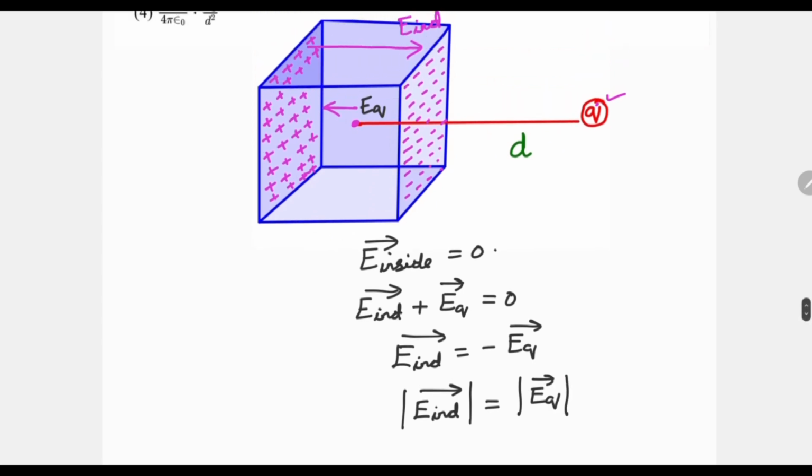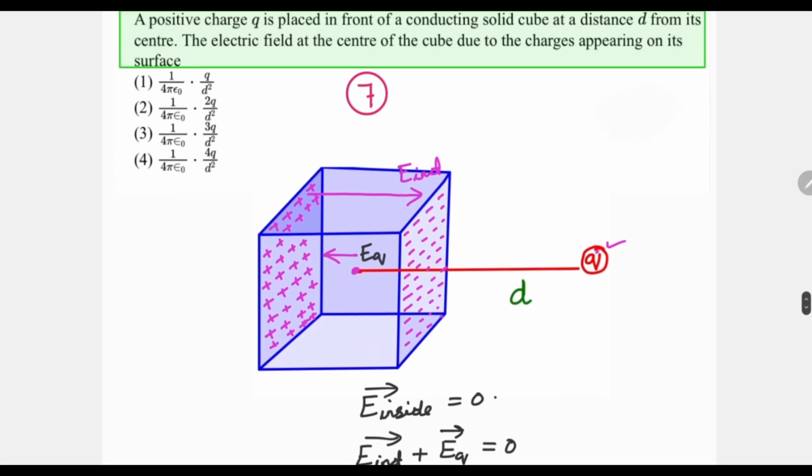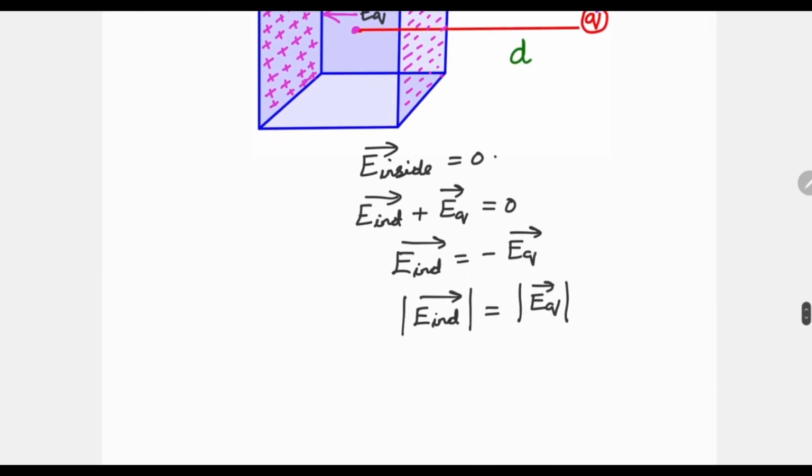Now we have to find E induced. In this question they are asking for the electric field at the center of the cube due to charges appearing on its surface. Charges appearing on its surface means they are referring to induced charges. So we have to find the electric field due to induced charges, and that is equal to the electric field due to the charge kept outside the cube.